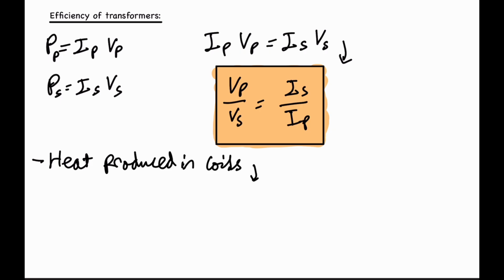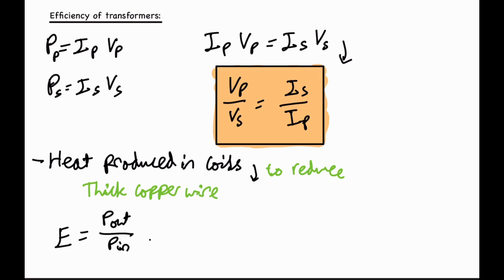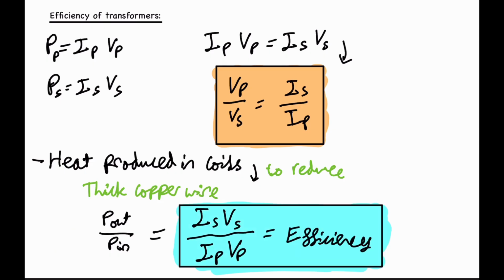To reduce this, normally a thick copper wire is used for the coils. And because the efficiency is power out over power in, we can write our efficiency as the power of the secondary coil, which is the current multiplied by the voltage, divided by the current times the voltage of the primary coil. So this is the equation for the efficiency of a transformer.